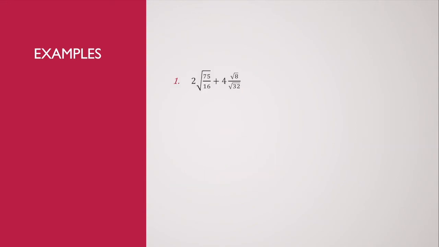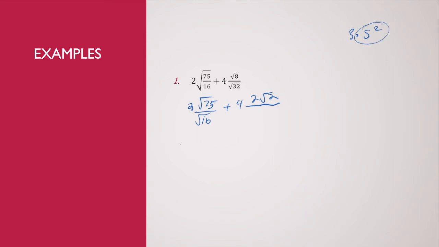Now let's go ahead and distribute. So I've got 2 times the square root of 75 over the square root of 16 plus 4 times the square root of 8. The square root of 8 is 2 square root of 2. 75 is 3 times 5 squared.